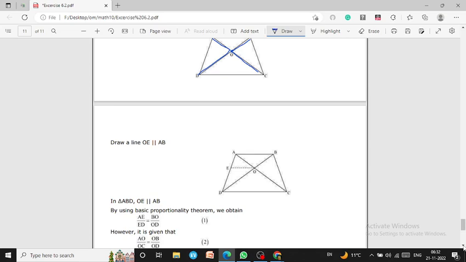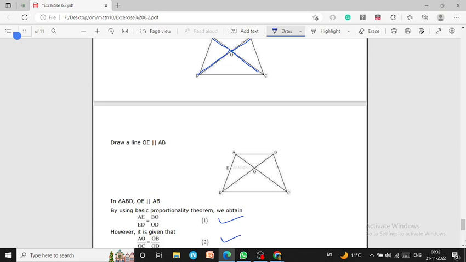And like this, on the other side, EO is parallel to DC and AO over OC equals OB over OD. This is the second equation, the other is the first equation.